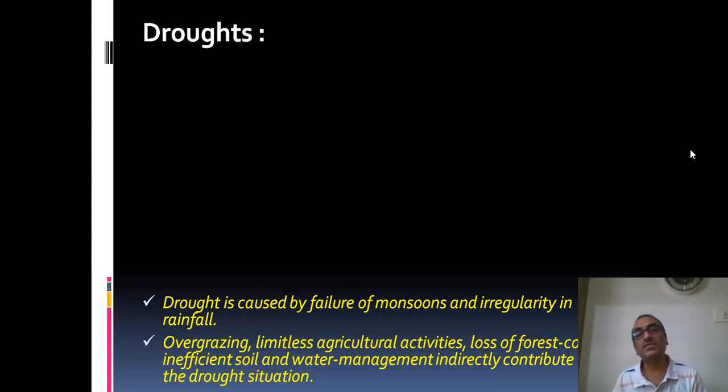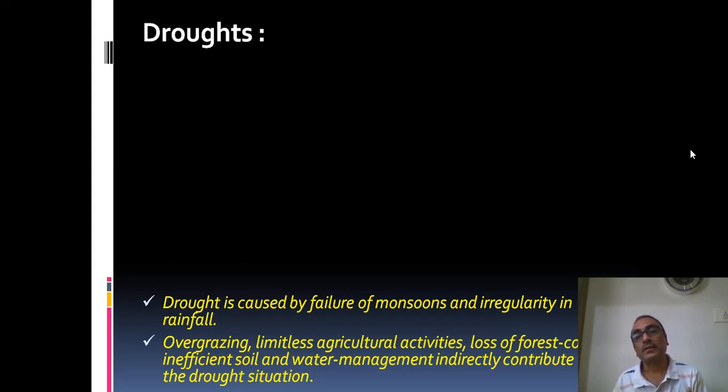The other reasons for drought are overgrazing, because overgrazing leads to soil erosion, and of course when the vegetation is less, it has an indirect effect on the atmosphere and rainy season.